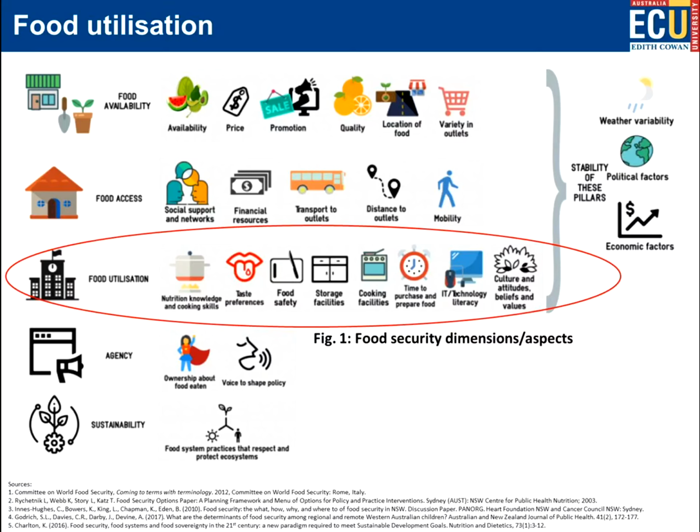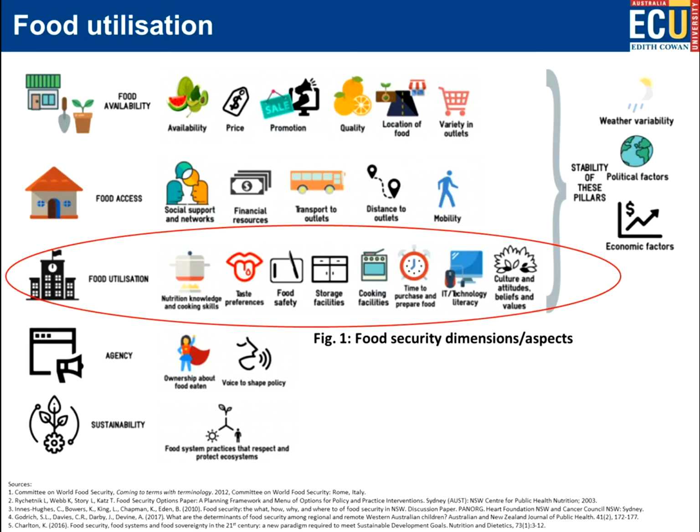We have food safety, so people storing and preparing food in a safe way. We also have storage facilities and cooking facilities, so people having sufficient storing and cooking facilities to utilise the food.